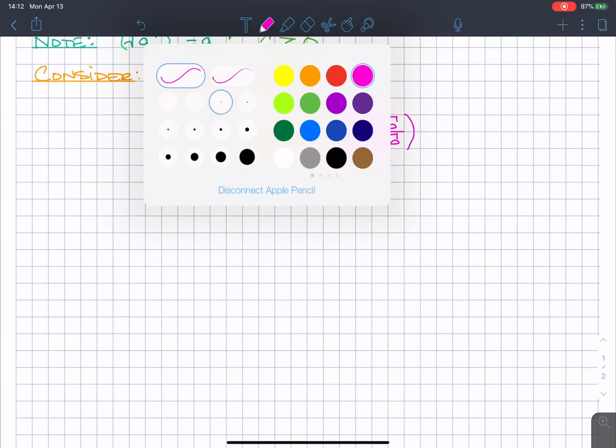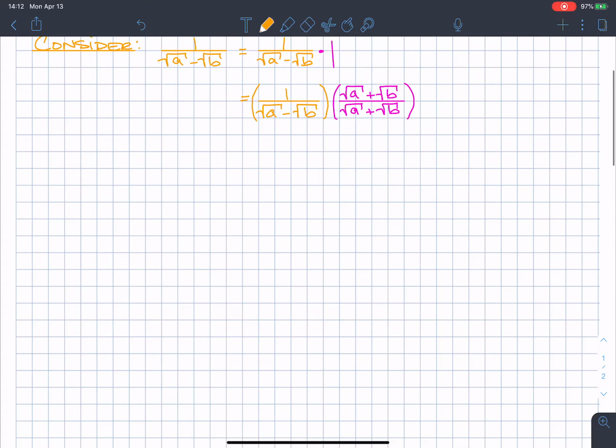Okay, so now I can multiply the two numerators. So I have 1 times the numerator, the square root of a plus the square root of b, divided by, now I multiply the two denominators. So I'll have in parentheses the square root of a minus the square root of b times the quantity the square root of a plus the square root of b.